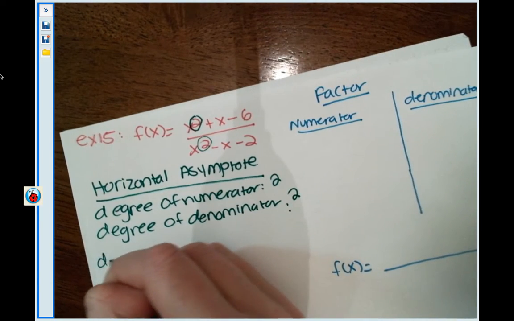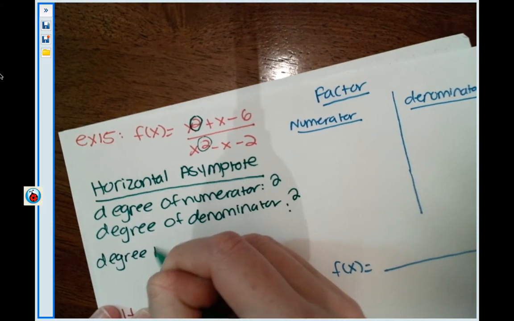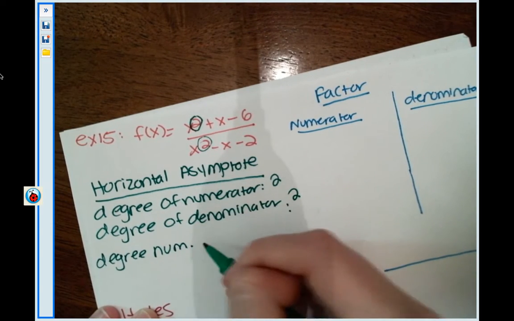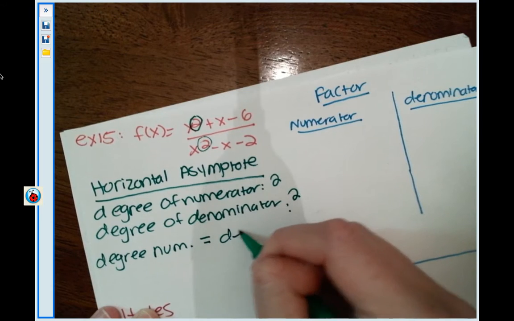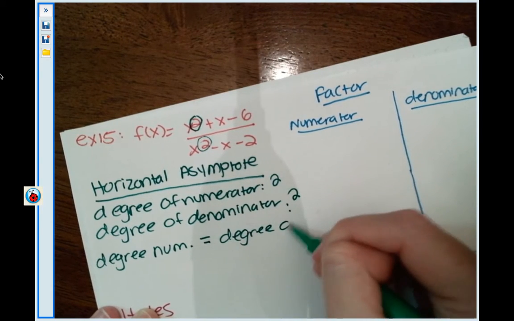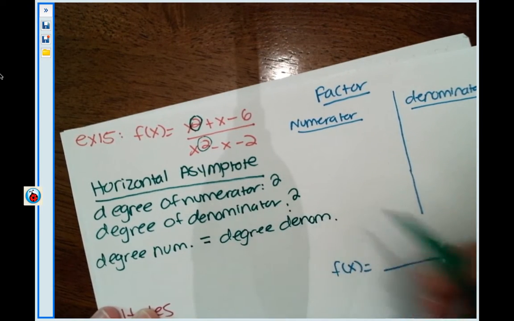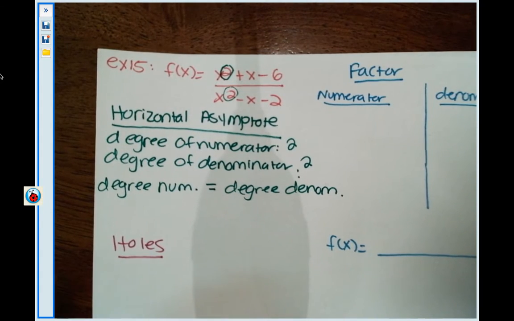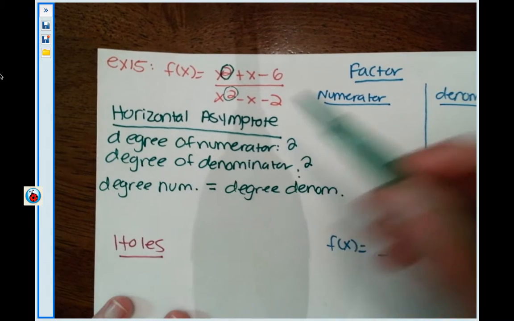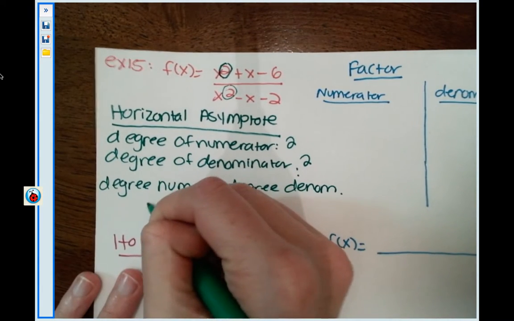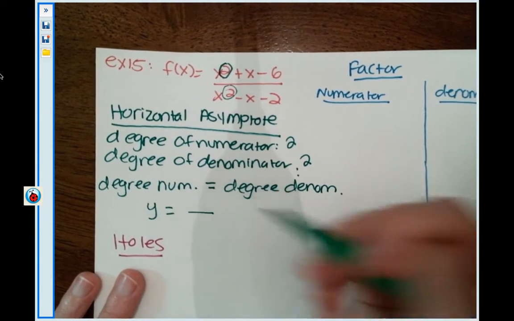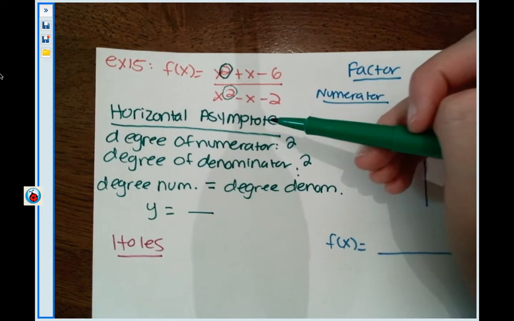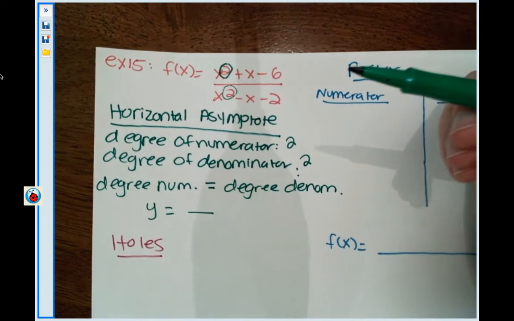So the degree of the numerator equals the degree of the denominator. So what does that mean? Out of our 3 options, what do we have to do when they're equal? You guys are so smart. You divide by the leading coefficients. So we divide the leading coefficient of the numerator by the leading coefficient of the denominator.